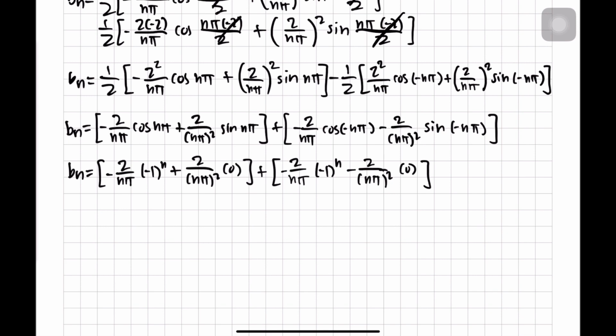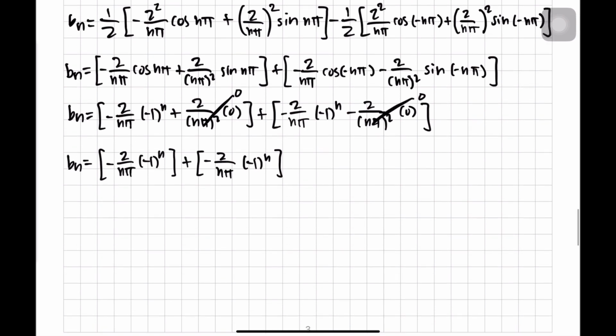Okay, so now we can cancel if it's automatically 0, and we should have negative 2 n pi negative 1 n plus negative 2 n pi negative 1 n.